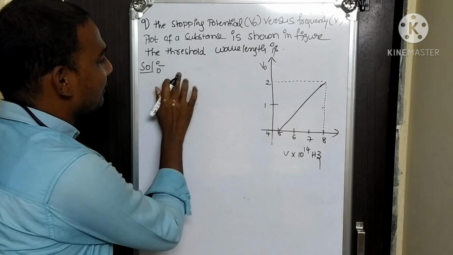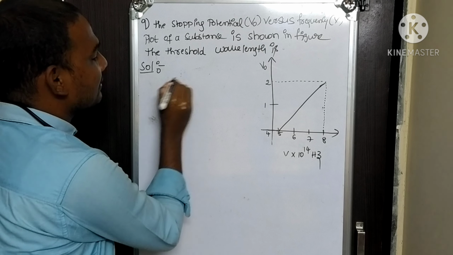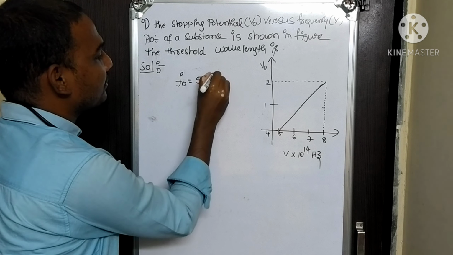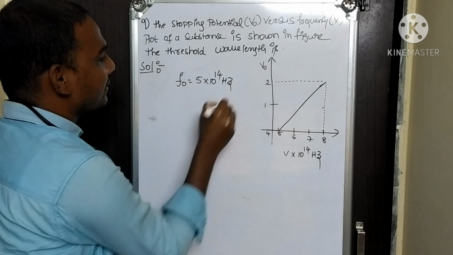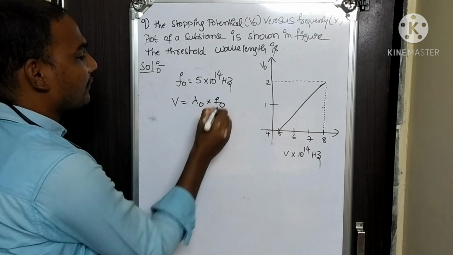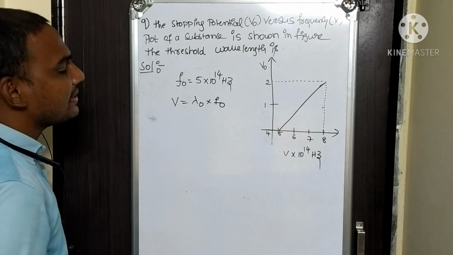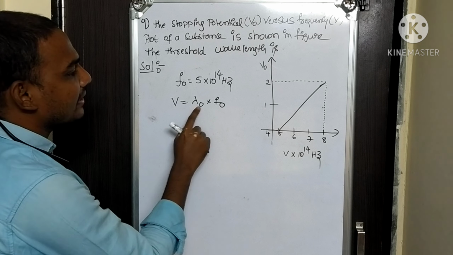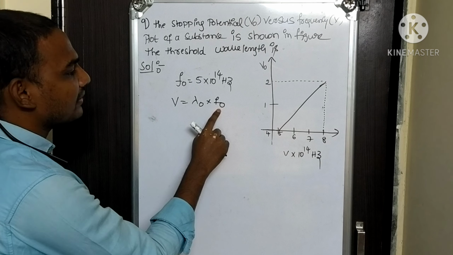So from the graph, the threshold frequency f0 is equal to 5 into 10 to the power of 14 hertz. We know the formula, velocity is equal to lambda naught into f0. Here v means velocity of light, lambda naught means threshold wavelength, f0 means threshold frequency.